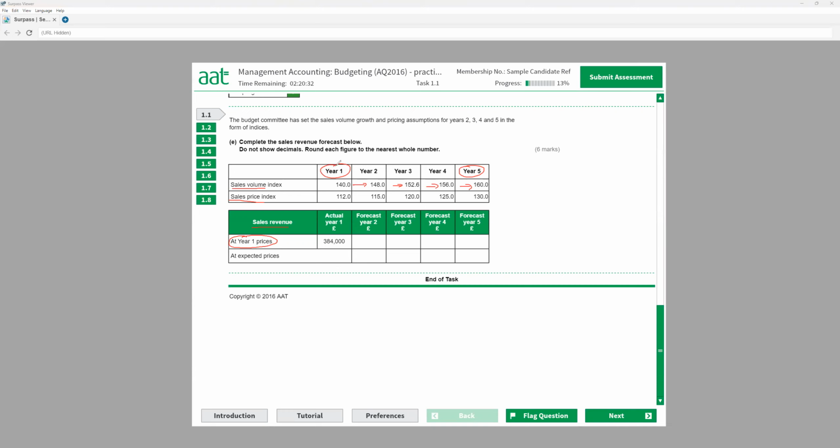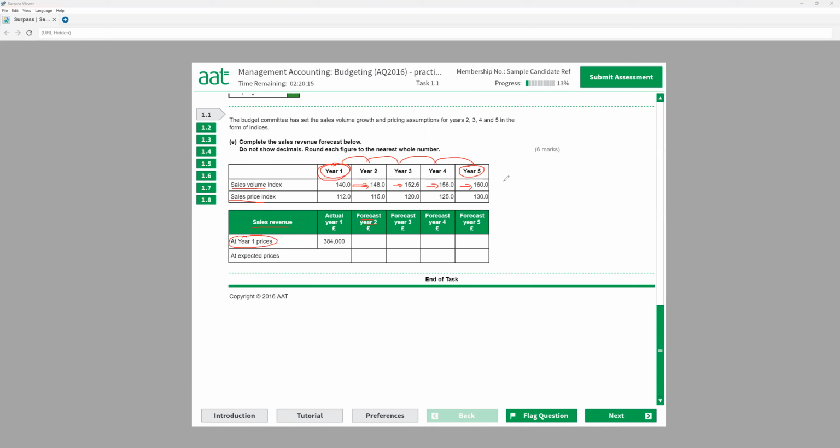Year one is our base year. From here, we need to look at how much it increases every year from year 2 to year 5. For example, year 2 increases from 140 to 148.